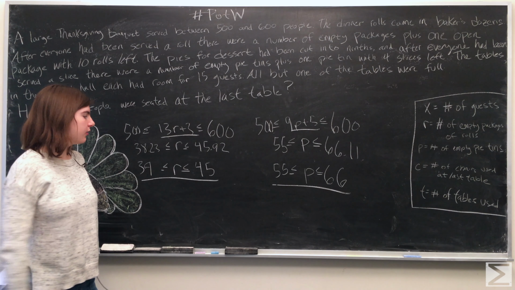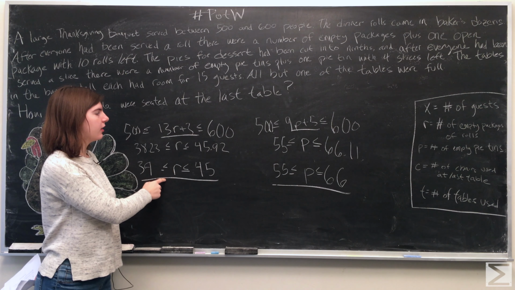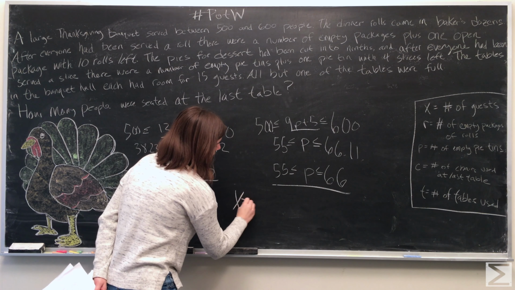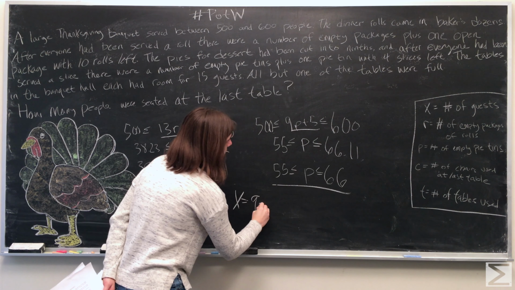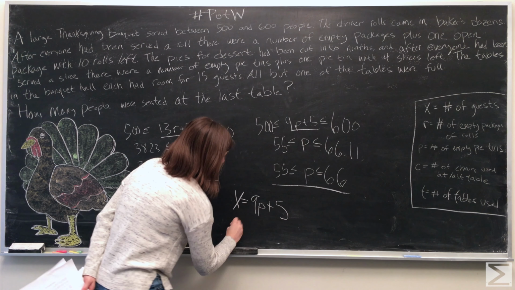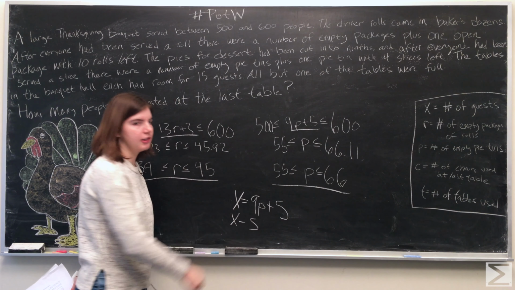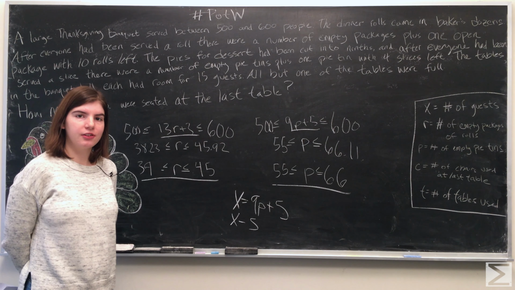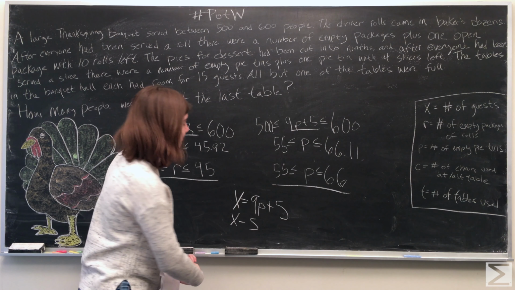Or you can plug in possible values of r to solve for x, and we know that x is equal to 9p plus 5. So if we solve for x minus 5 and see when it's divisible by 9, then we'll have our answer, which is what we're going to do.